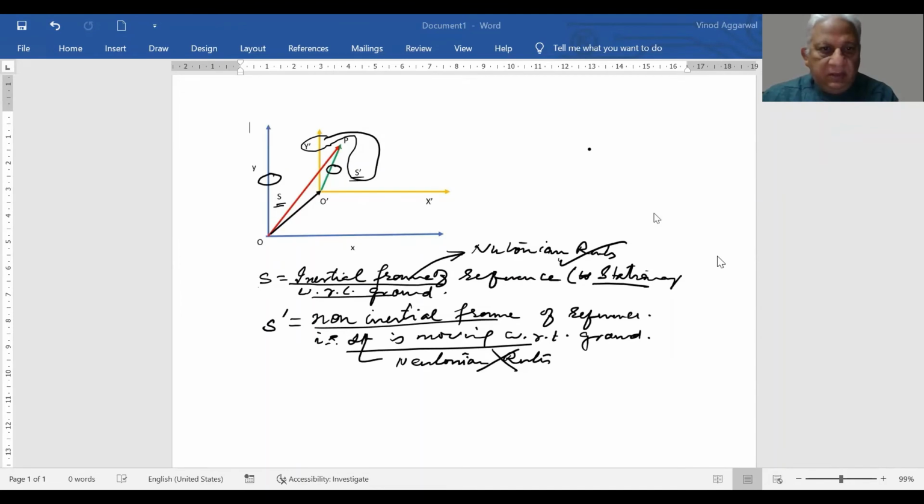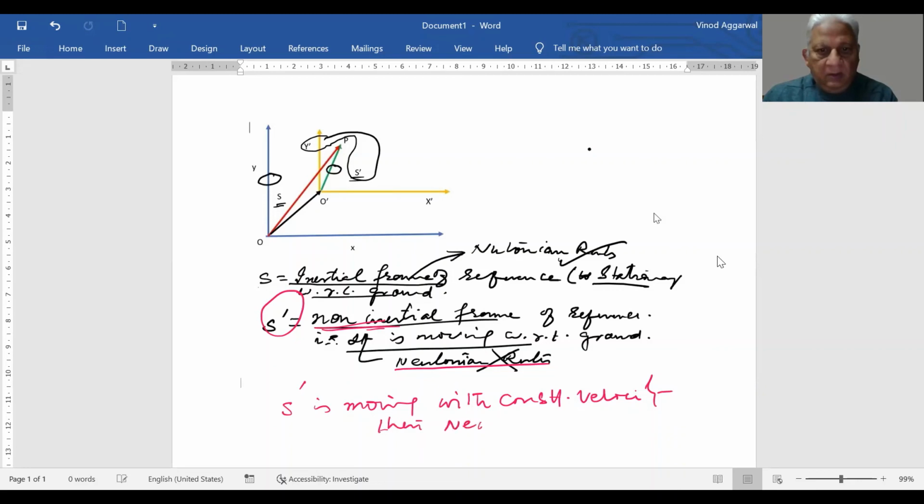We mentioned that in a non-inertial frame of reference, Newtonian rules don't apply. However, there is one exception: in case a non-inertial frame of reference is moving with constant velocity, then Newtonian rules will be applicable.